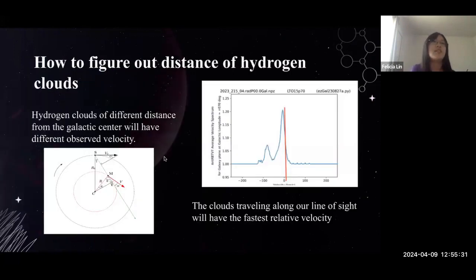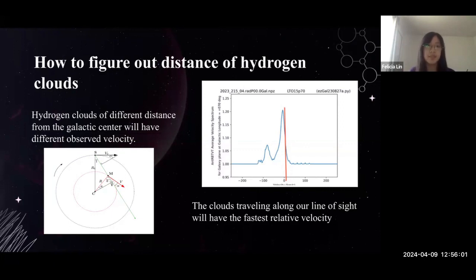To figure out the distance of the hydrogen clouds from the galactic center, we would have to figure out the hydrogen clouds that are traveling the fastest away from us, because we know those hydrogens are traveling along our line of sight.